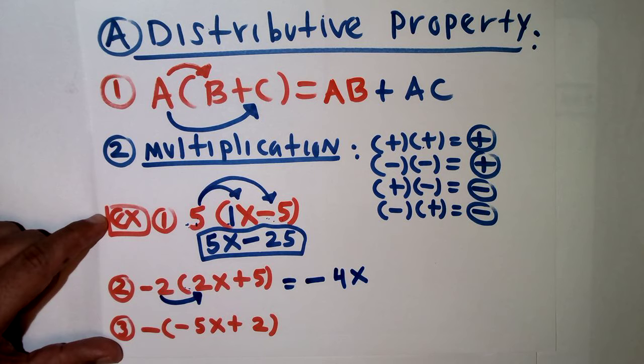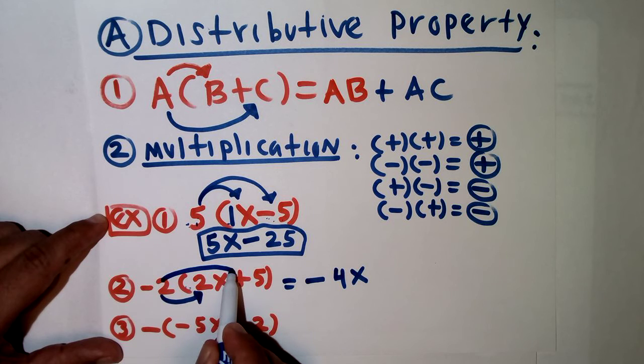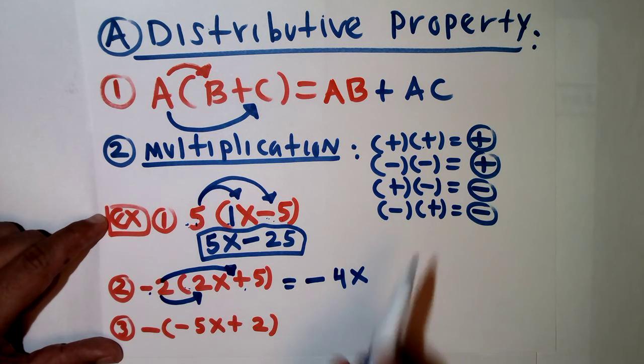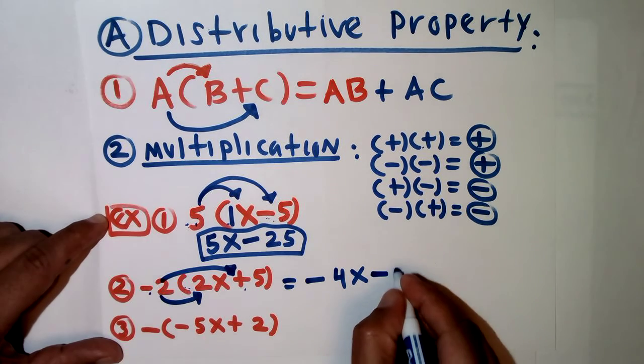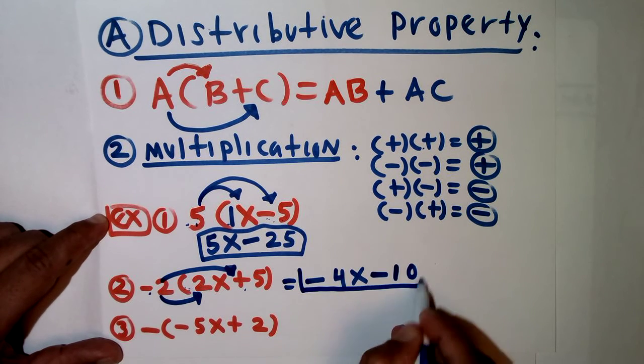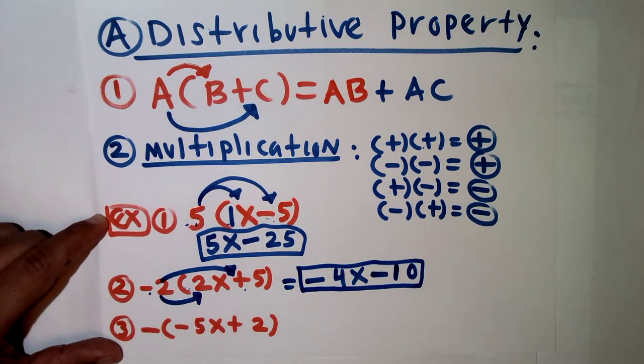You finish with that one. You have your sign. Now you move to the next one. What is the next one? Negative 2 times plus 5. Again, this is negative and this is positive. Since they're different, you get another negative there. And what is 2 times 5? 10. And that's the end of that one.